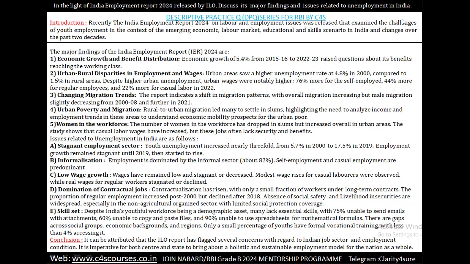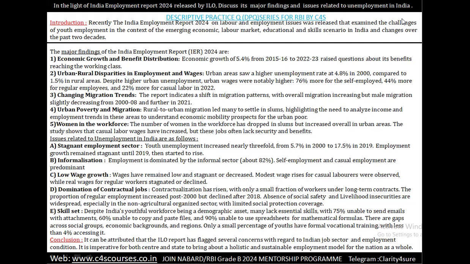We have a very huge youthful workforce, with almost 50 to 55% of the people in the productive age group. But the people in this workforce are lacking essential skills that are important for employment.